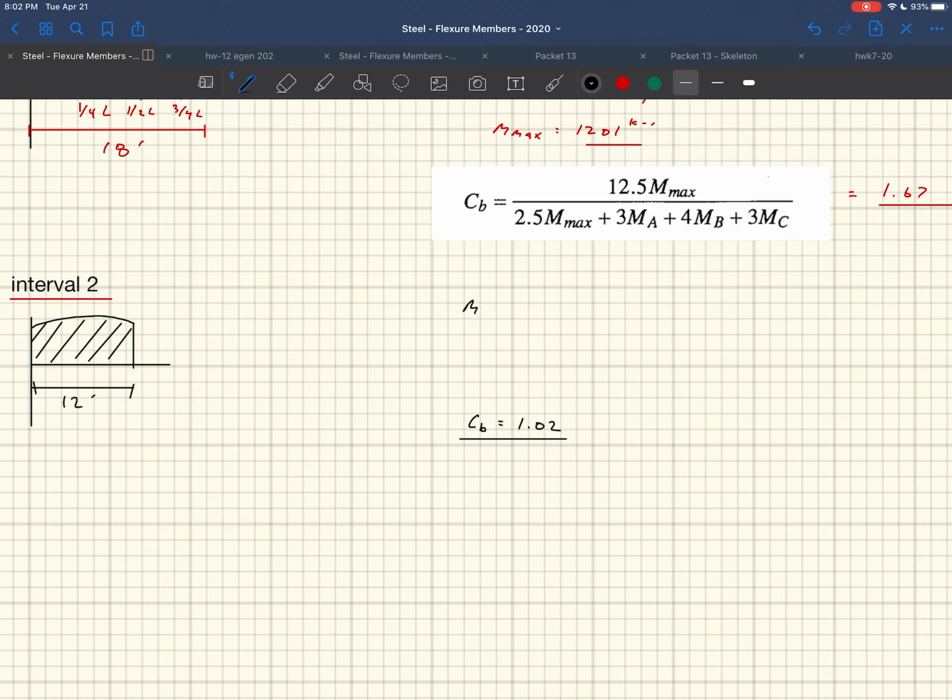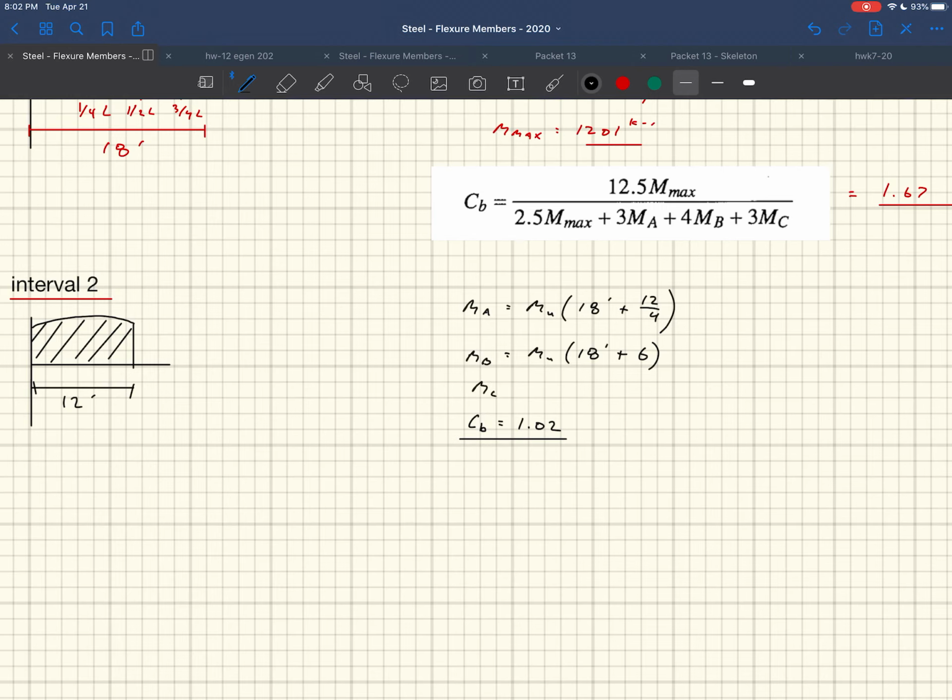MA would be equal to MU of 18 feet plus 12 over 4, right? And then MB would be equal to MU of 18 feet plus 6, right, and so on.